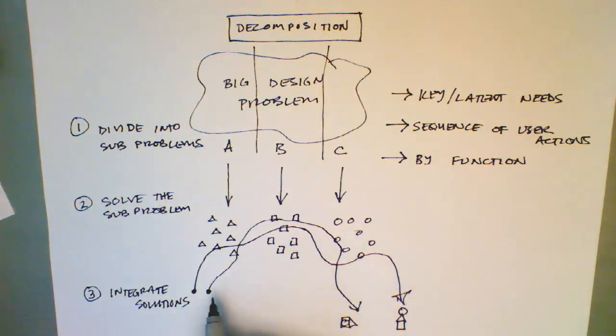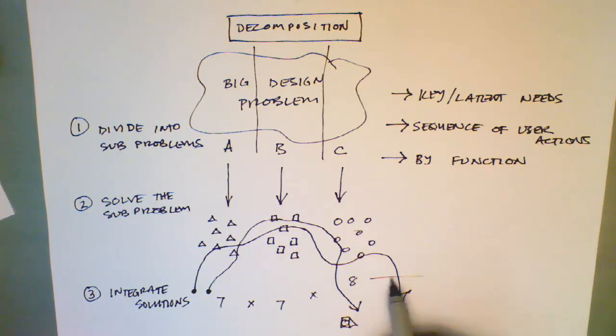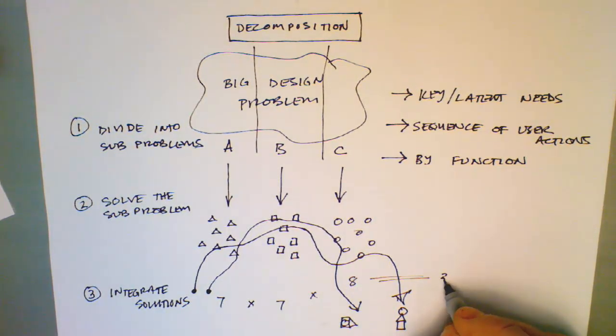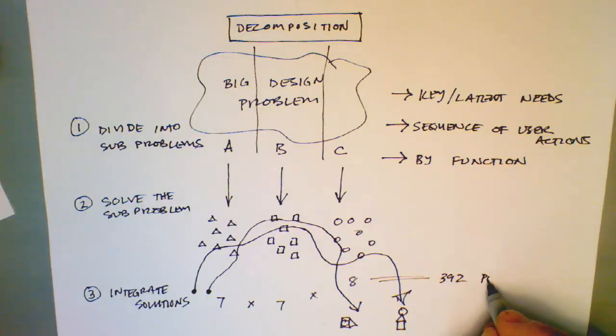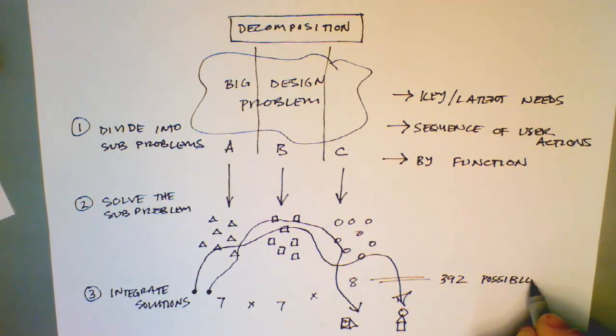If you think about it, let's imagine that there are 7 of those, and 7 of those, and 8 of those. Then basically what you've got is 7 times 7 times 8, or 392 possible combinations.